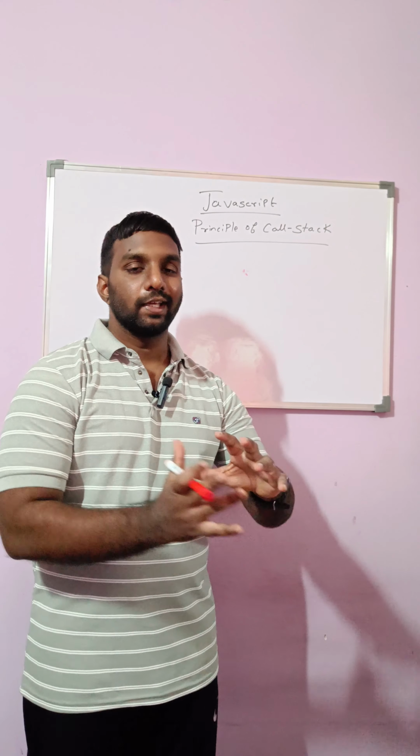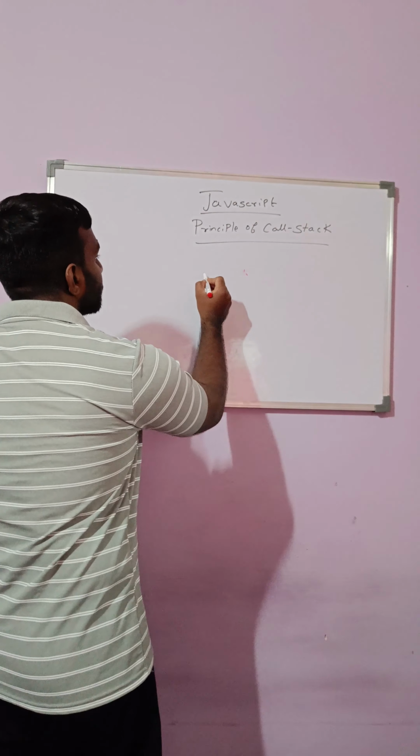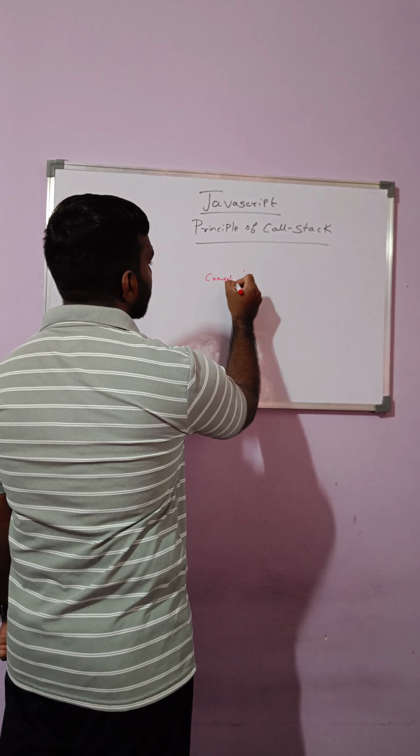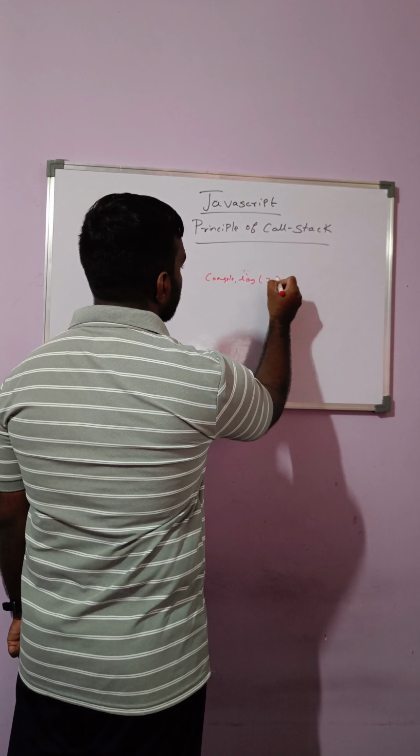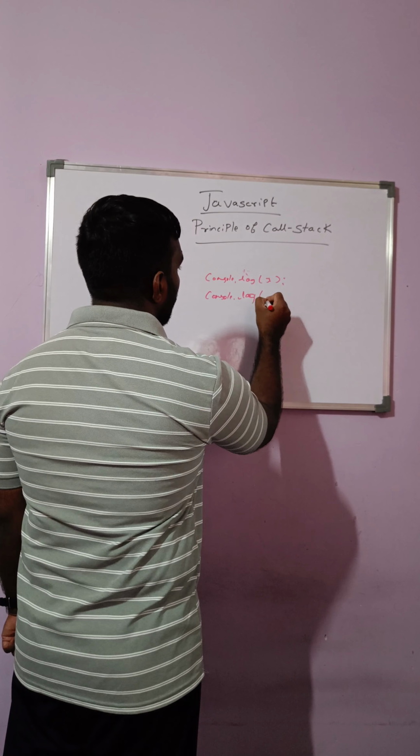First, we are going to see the principle of call stack in this session. As I told you, the call stack works line by line in a synchronous way, right? For example, a simple explanation: if you have two console log statements in JavaScript, console log x and console log y.